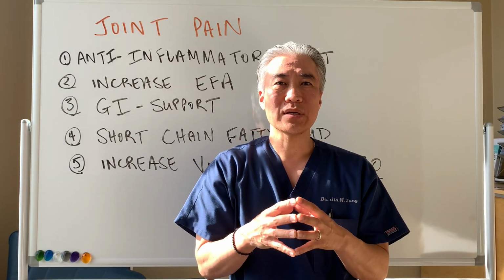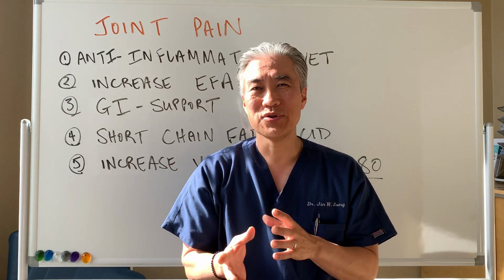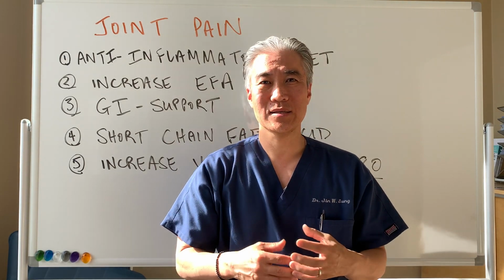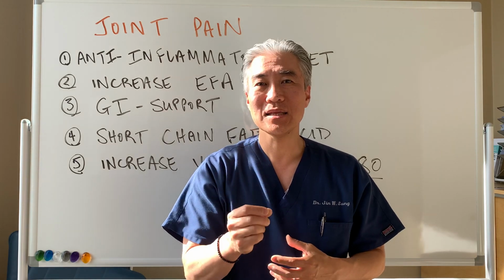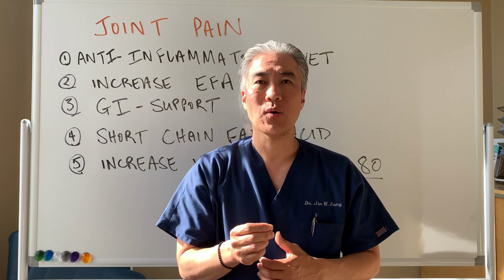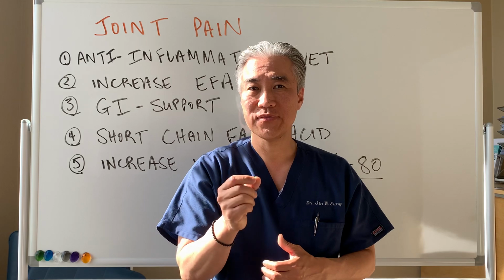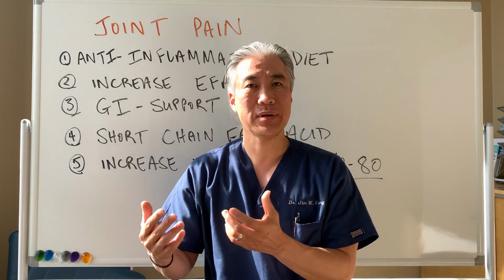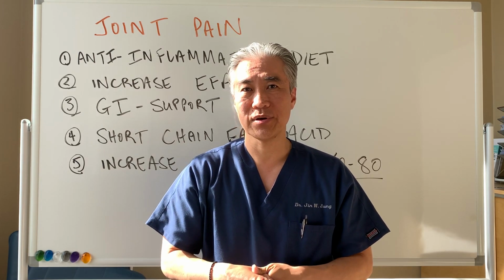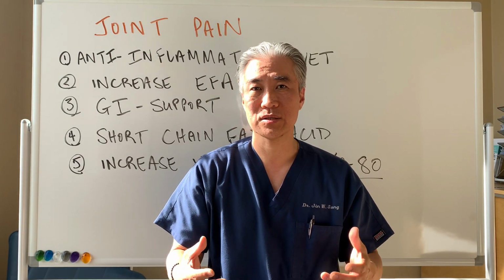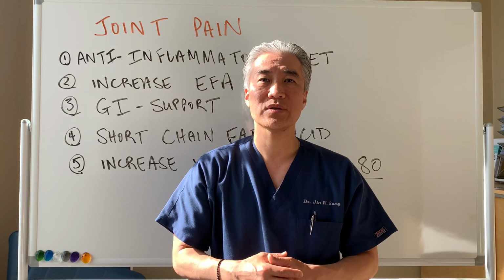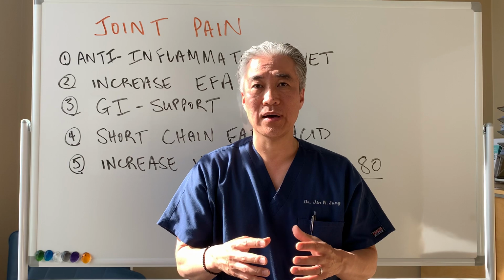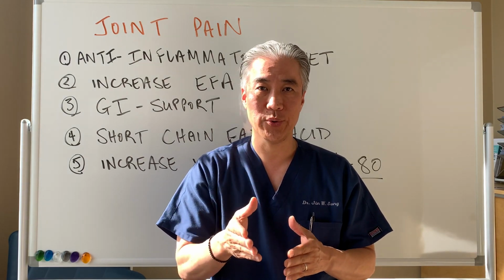Because we can give you all the research on different types of nutrients and certain types of potent antioxidants and so forth. But at the end of the day, you have to figure out what a patient needs individually. Because what helps one person may not help another person in terms of resolving underlying mechanisms for joint pain. So it's very important to find the right practitioner, the right doctor, to understand what's going on with you, okay?